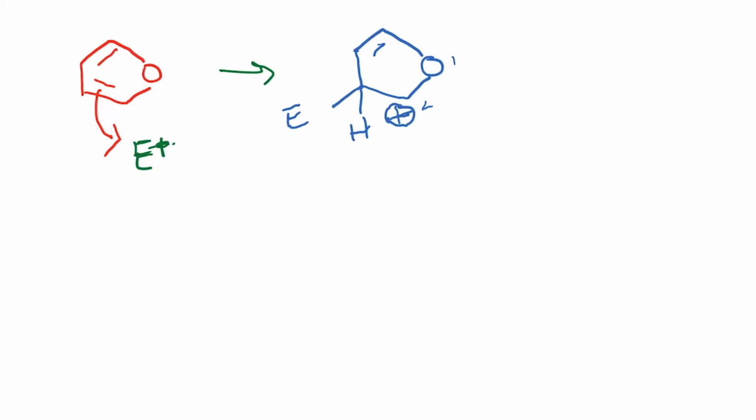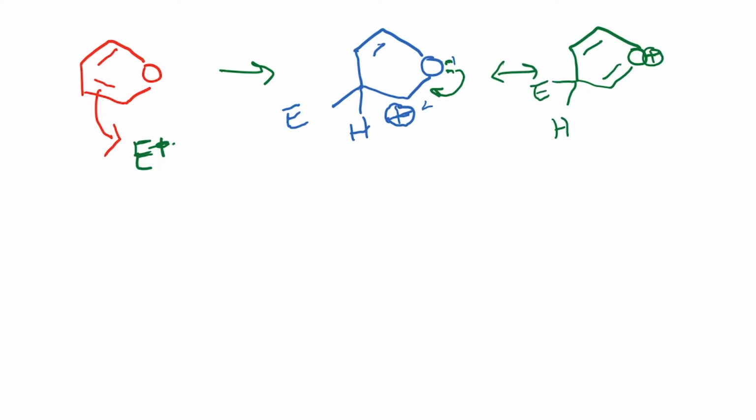Okay, so if we were to check this out, there can be a beautiful resonance form that can be produced here, and you end up with, again, a fairly stable oxocarbenium ion as shown here. Okay, right? So this is also fairly stable.